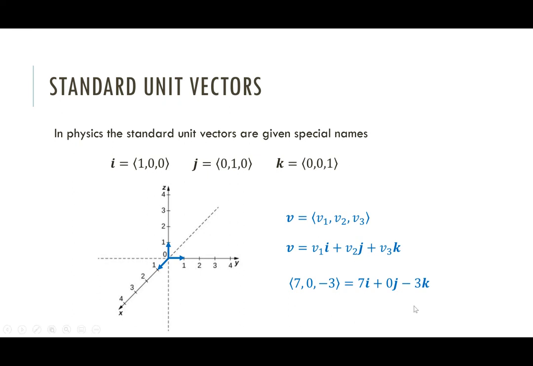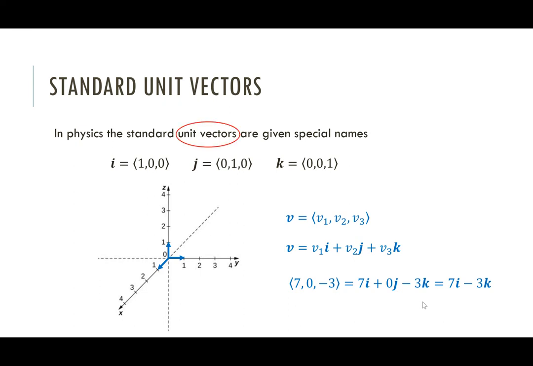One thing that can be kind of annoying is that something like 7i plus 0j minus 3k, this 0j will often just be ignored. And so it'll be like 7i minus 3k. In which case, if there was a 0 on the k, maybe you would be confused about what dimension you were in. It's assumed you'll get it from context.